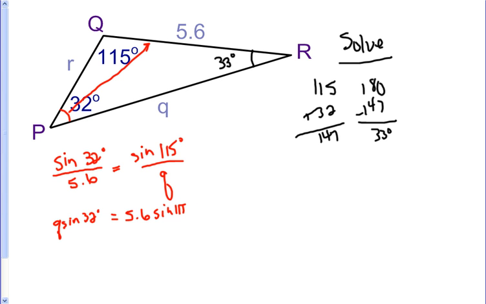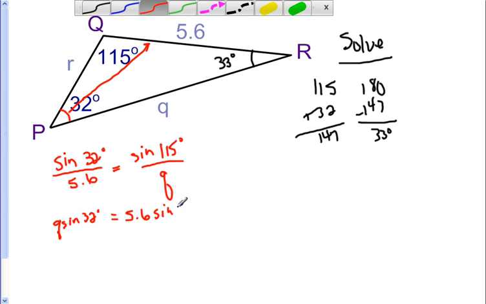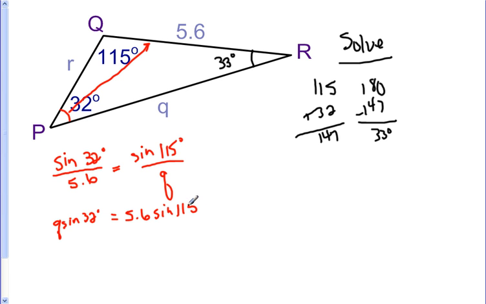Sorry about that, that's pretty ugly. And then we'll divide by sine of 32, and we'll get our q. Now, just so you know, the sines do not cancel out here.